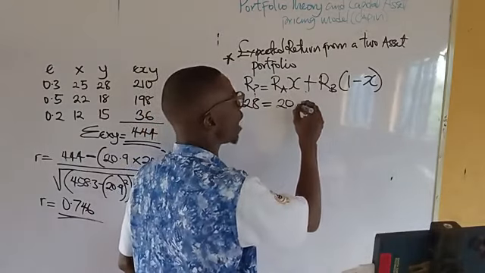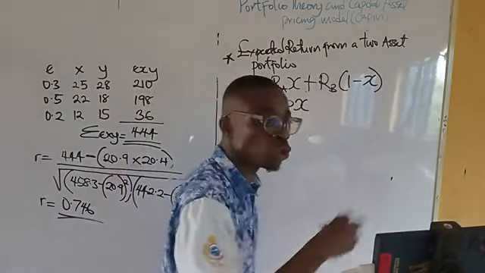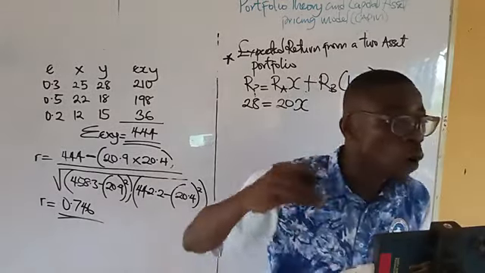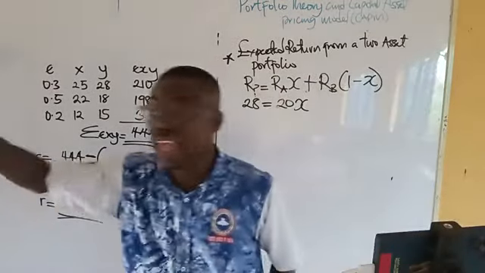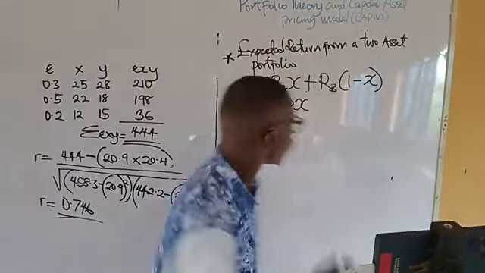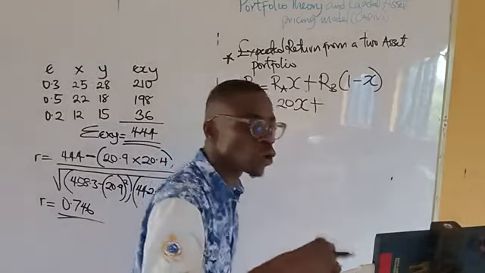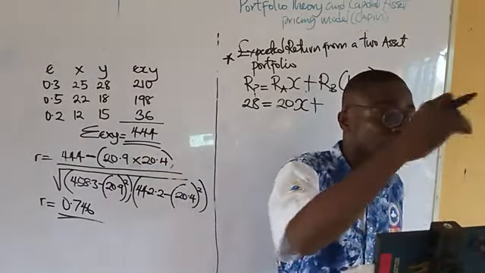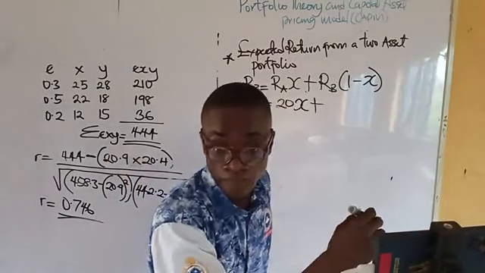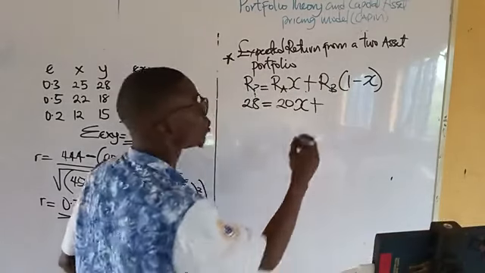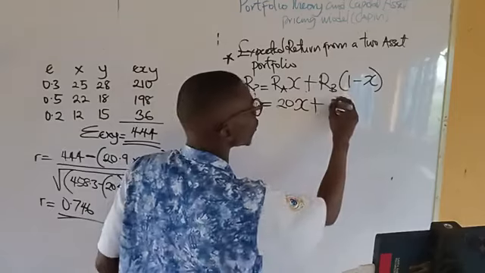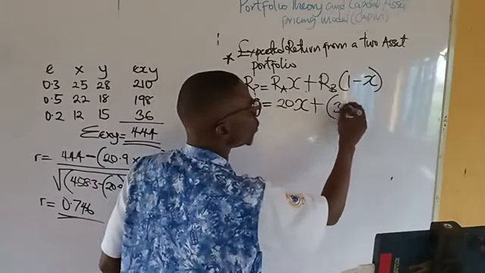So we don't know the proportion to invest. How much of that 1 million should we invest in A? We don't know it, so you represent it with X. Plus what's the expected return of investment B? 30%.